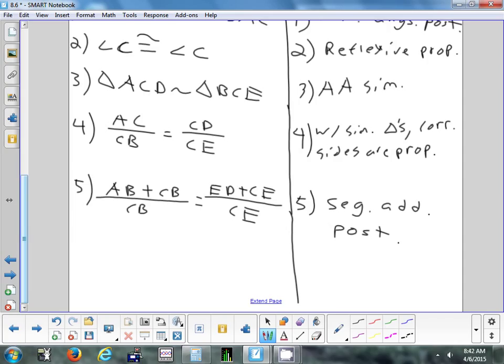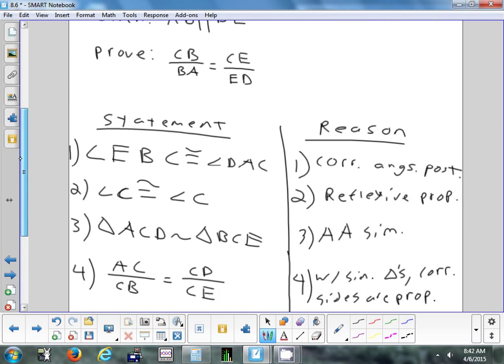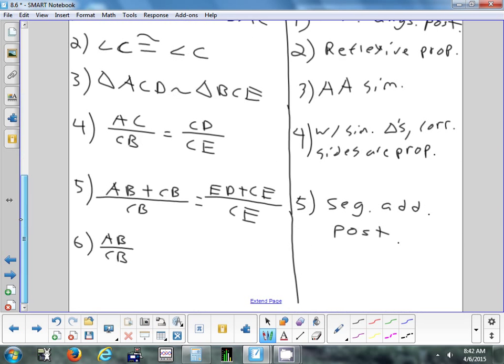Okay, now from here, we're just going to do a little arithmetic to clean this up. We have a common denominator. Put each term in the numerator over the common denominator. So you get AB over CB, plus CB over CB.